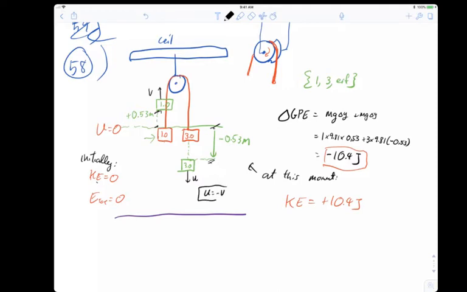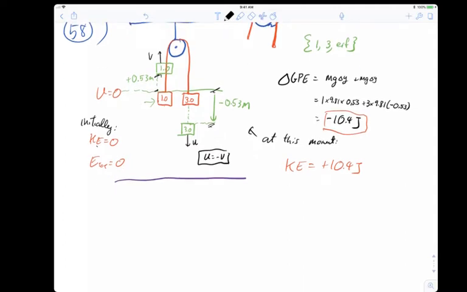This isn't a generically true statement, but this statement is true of this system. So, you know, it's not like a conservation of momentum. It's just because they're attached together with a rope.